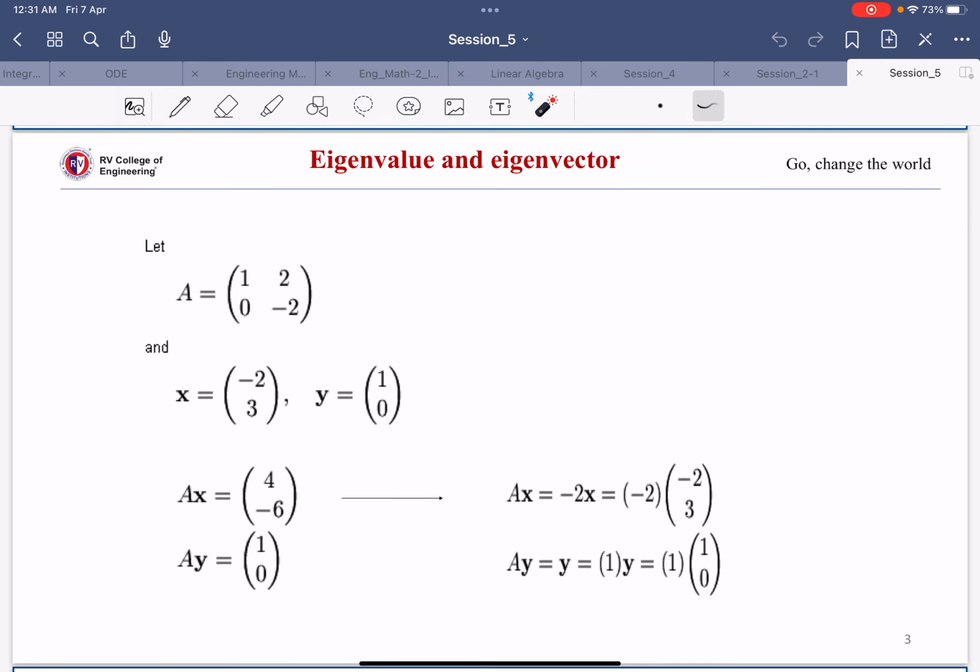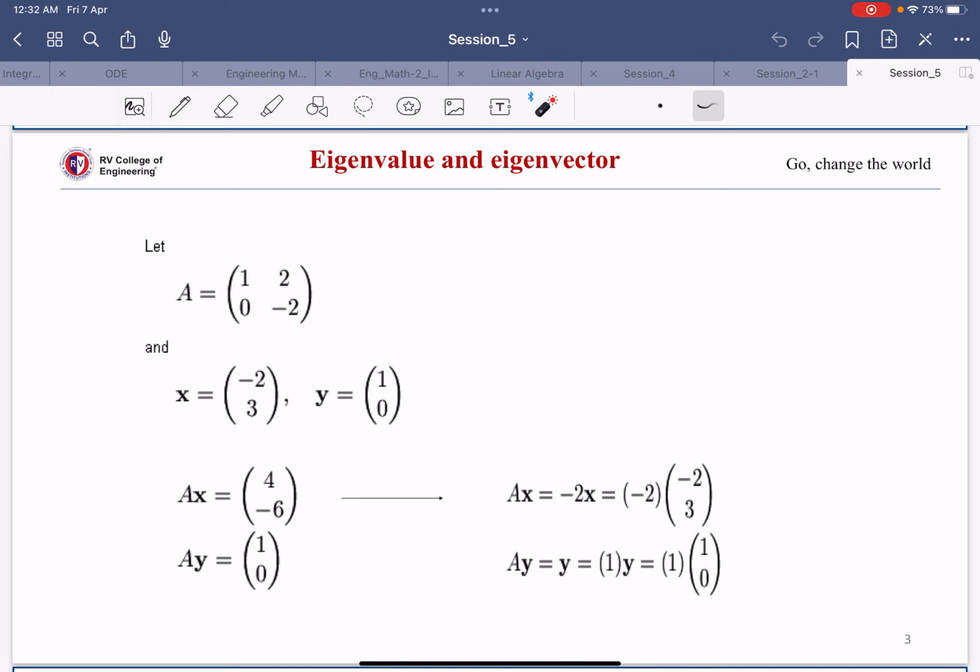To understand the significance of eigenvalue and eigenvector, let us consider a simple example. Let us consider a 2 cross 2 matrix A with entries 1, 2, 0, minus 2.